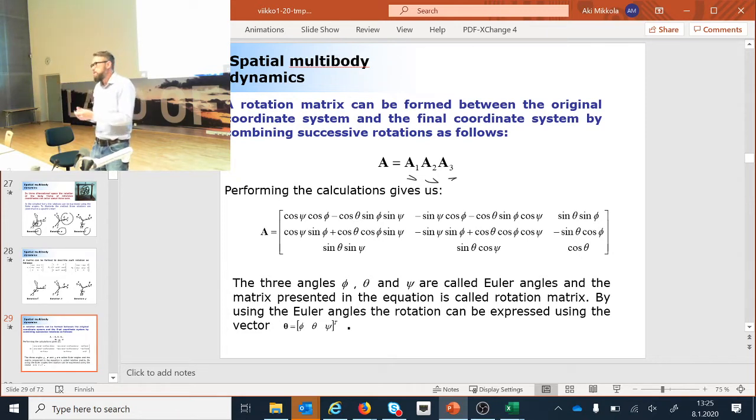Well, those are these 3 rotations that we just described, 3 rotations that are phi, theta, and psi, whatever they are called. These notations, these are the 3 rotations that combine original and final configuration. Okay, that's the method.